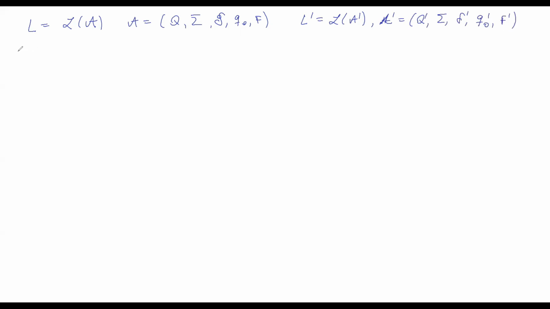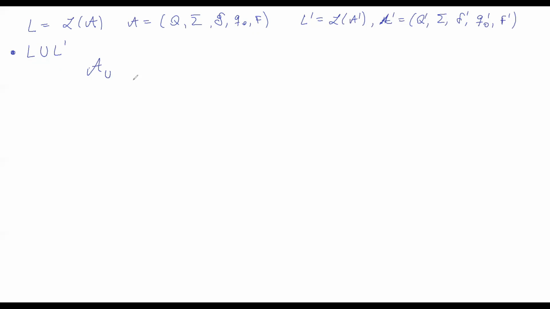So if we focus now on the first point, that the union is going to be a recognizable language, to prove this I'm just going to build an automaton, and I'm going to call it A with the symbol union in the index.